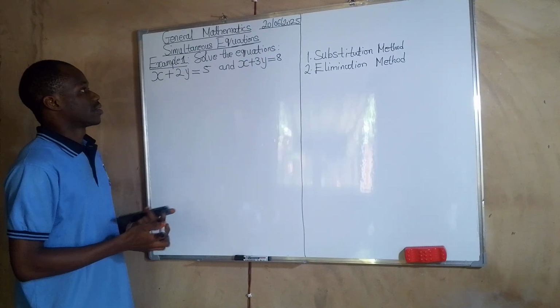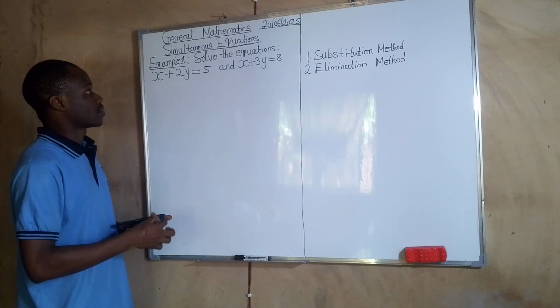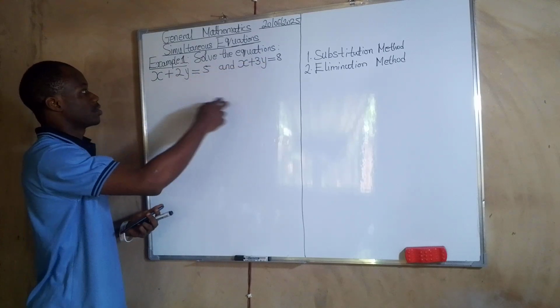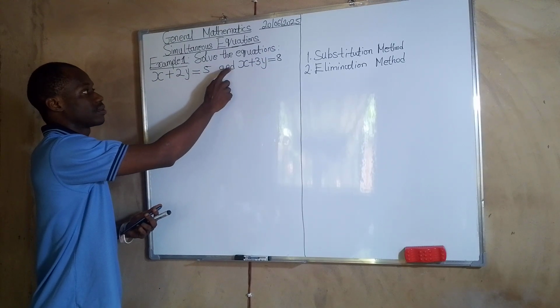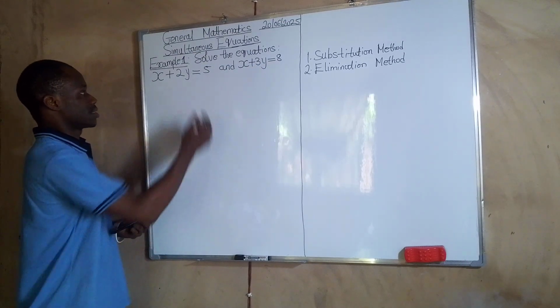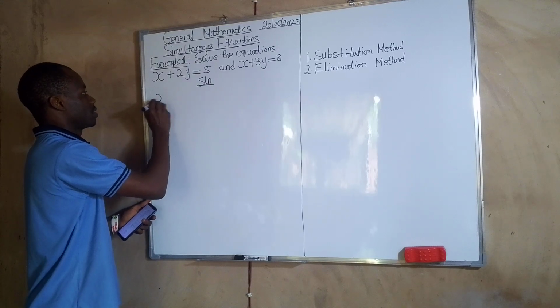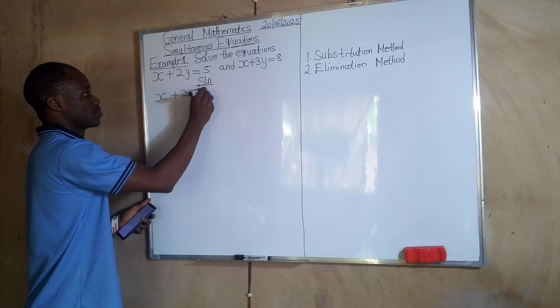Alright, like I said, we are starting from the basics. So example 1's question says, solve the equations x plus 2y equals 5 and x plus 3y equals 8. So we'll start. Solution: first thing is we identify our equations, giving them equation 1 and equation 2.